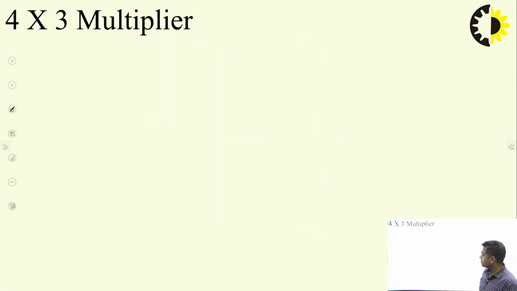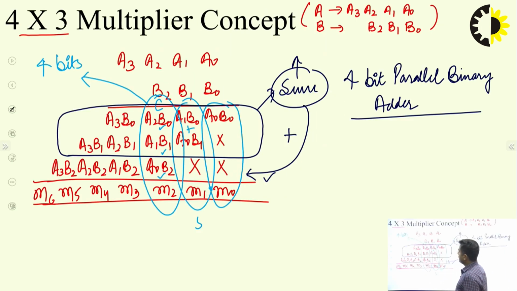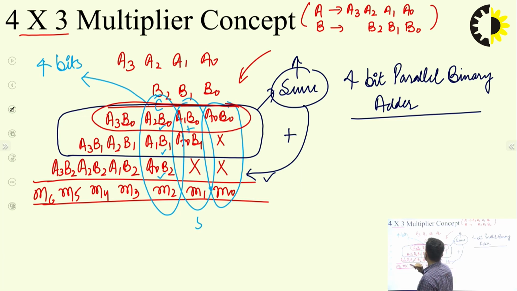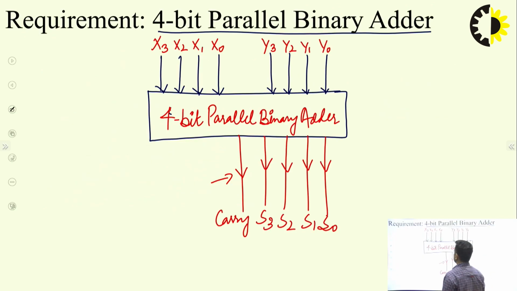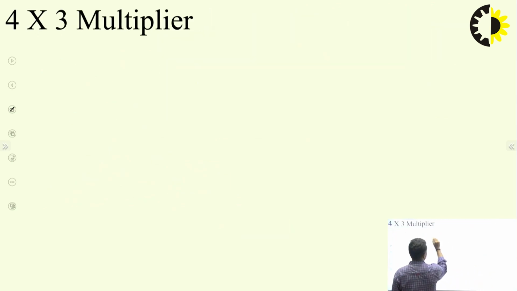Okay. So let's now design the 4x3 multiplier. We will be requiring the concept of this. We are going to implement this multiplication table and design a circuit for that. We can see that the first row is multiplication of A3, A2, A1, A0 with B0. So let's prepare the first row.